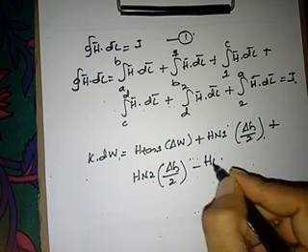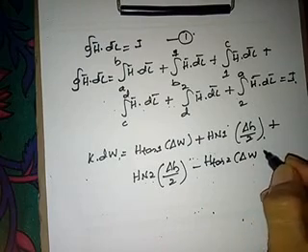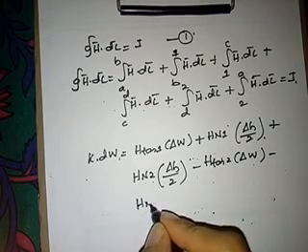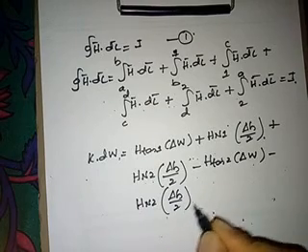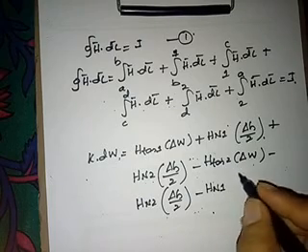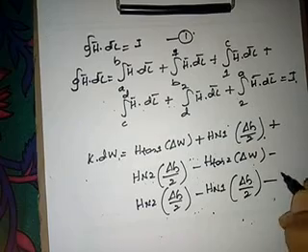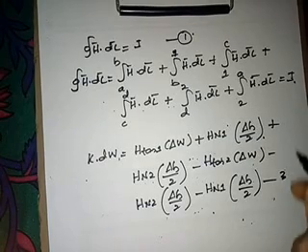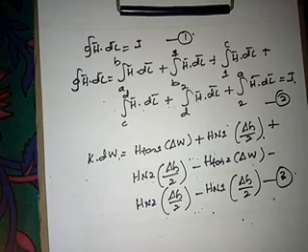Minus H tan 2 delta w minus Hn2 delta h by 2 minus Hn1 delta h by 2. Take it as equation 2 here. Okay, this is equation 2 and this is equation 3.